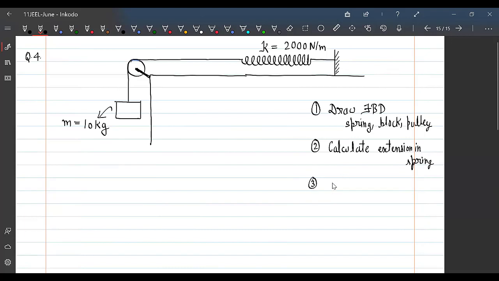And then calculate force applied by this rod on pulley. तो उसके लिए pulley का FBD बनाना पड़ेगा. Calculate force applied by rod on pulley.